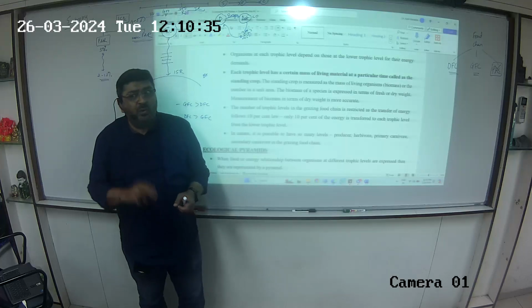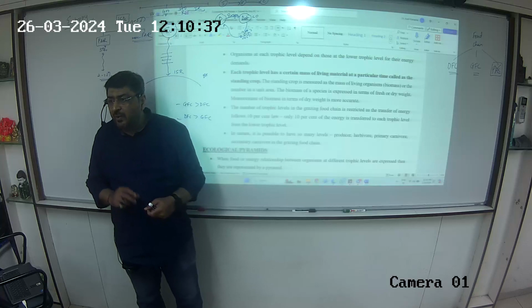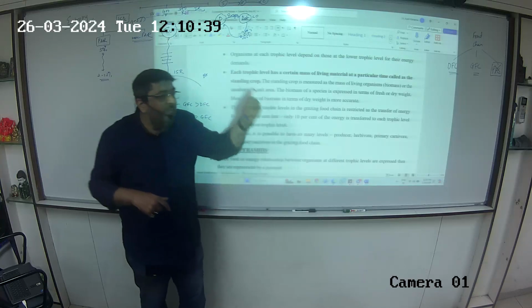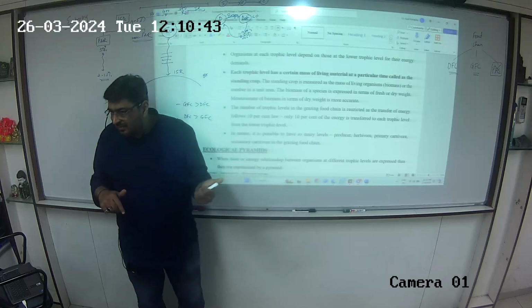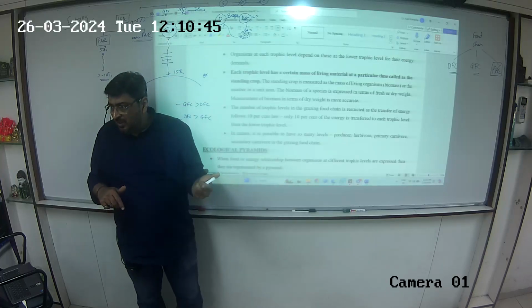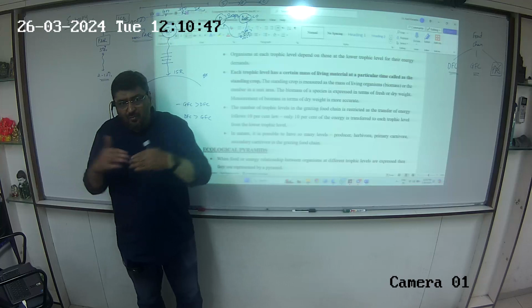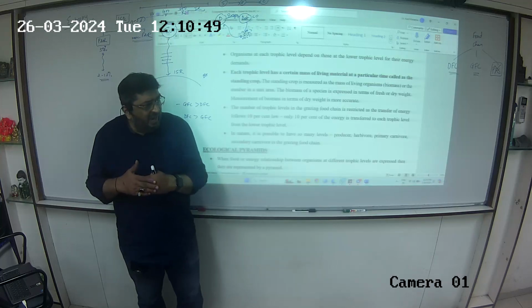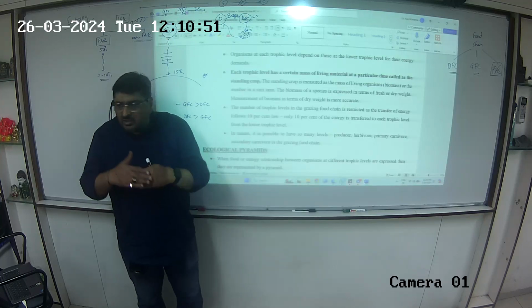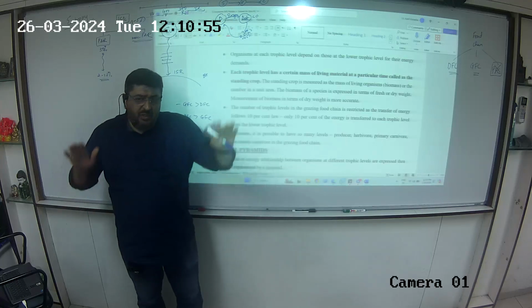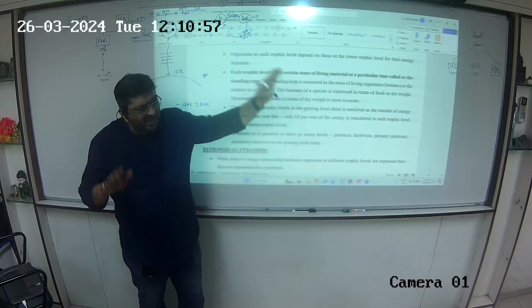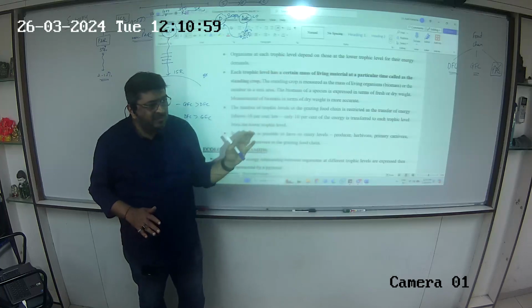And why today we are looking at loss of biodiversity is because we have disturbed this balance. We are interrupting this balance. We are focusing more on some of the trophic levels and disturbing those levels. If we allow nature to function in its own way, nature has its own way of balancing everything.